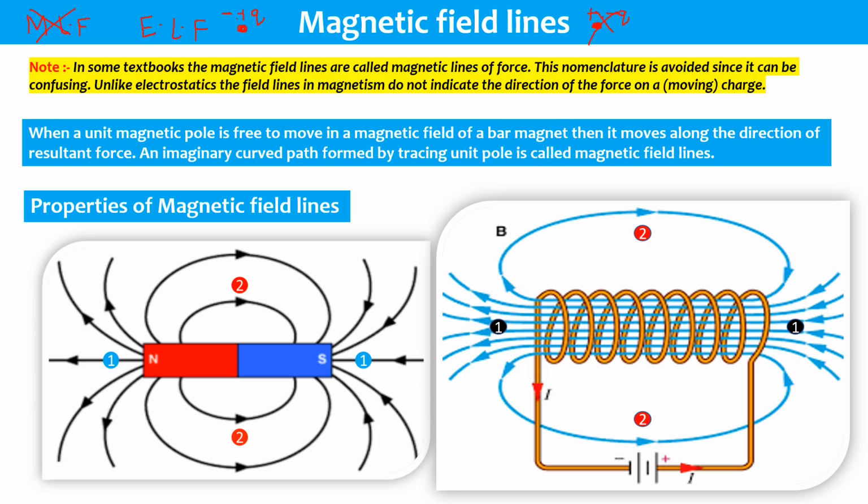Let us assume a very small magnet, or let us call it a monopole. Okay, this monopole will be known as a test pole. So I am talking about a monopole. Mono means single pole.